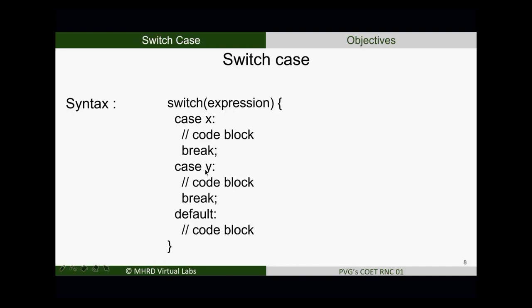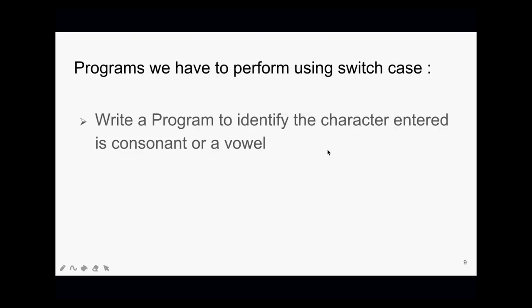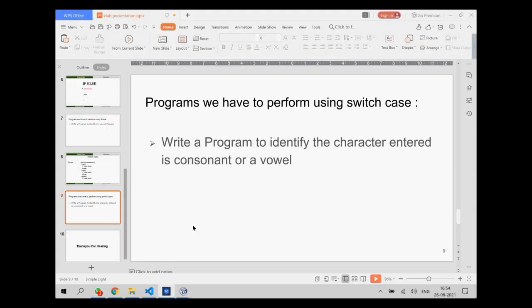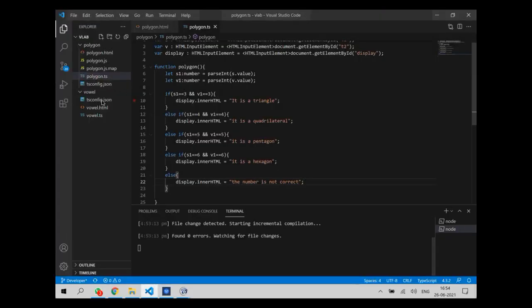But if X is false but Y is true, then the code block inside the case Y will get executed and the X part will not. And if none of the cases are true for the expression entered in switch, then the default code block will get executed. So this is for switch case, and I will write a program to identify the character entered is a consonant or a vowel using switch case.